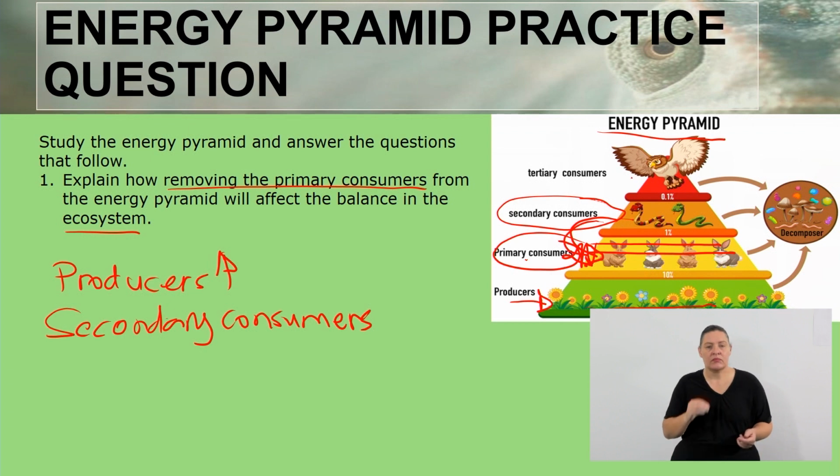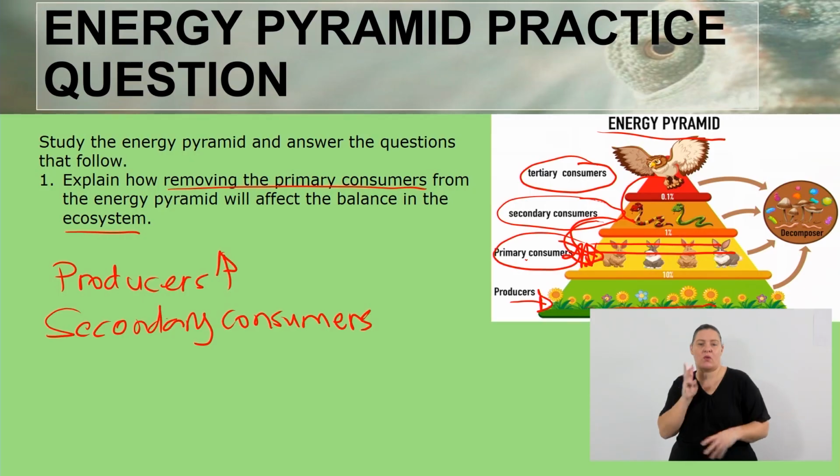And that will mean our tertiary consumers also will suffer, because now they will also not have enough food to eat. So that is how the balance then will be disturbed if we were to remove the primary consumers from this food pyramid.